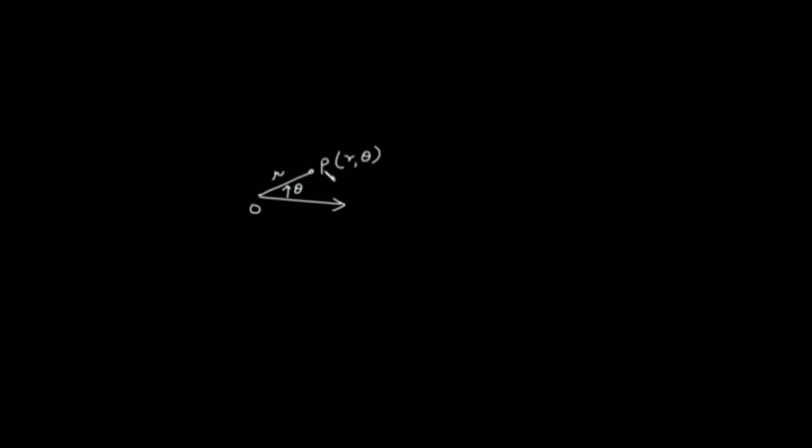How will we reach this point? This is the initial ray. We are at present at this point. We move an angle, let's suppose pi by 2, 90 degrees, and then we take two steps. Then the coordinate of this point is 2 comma pi by 2.